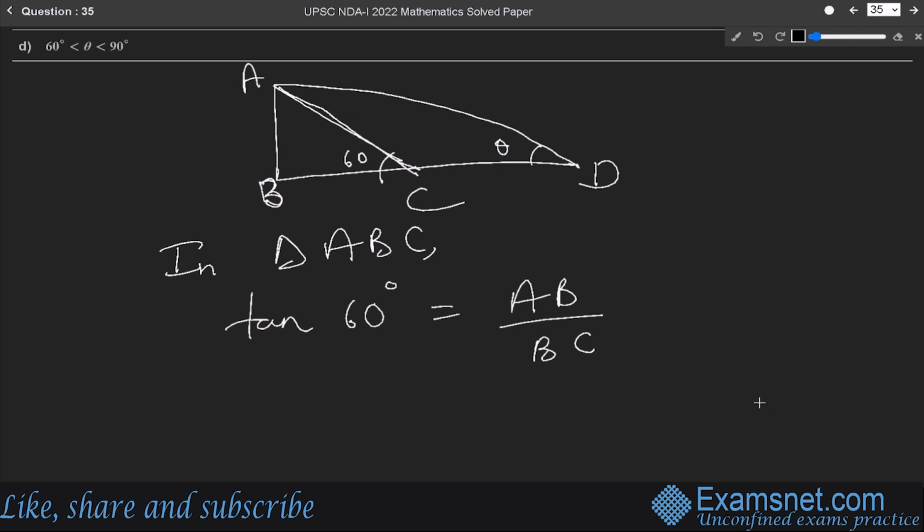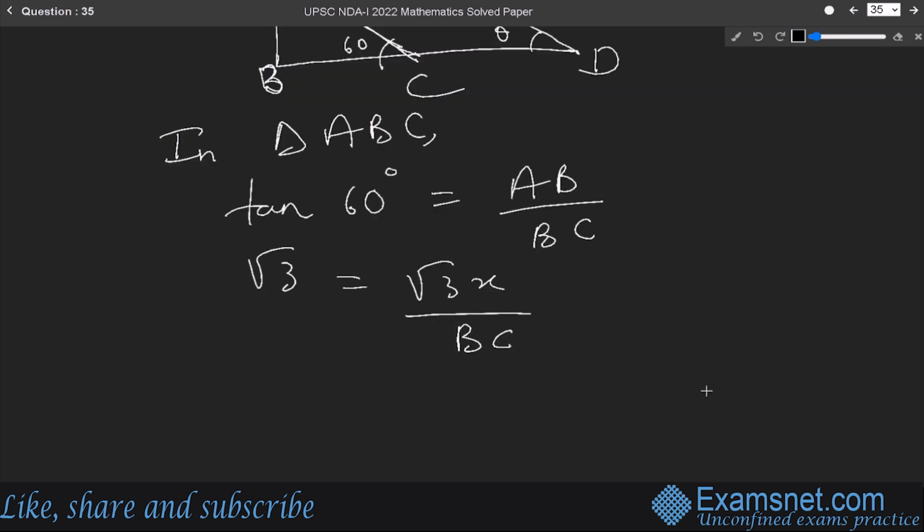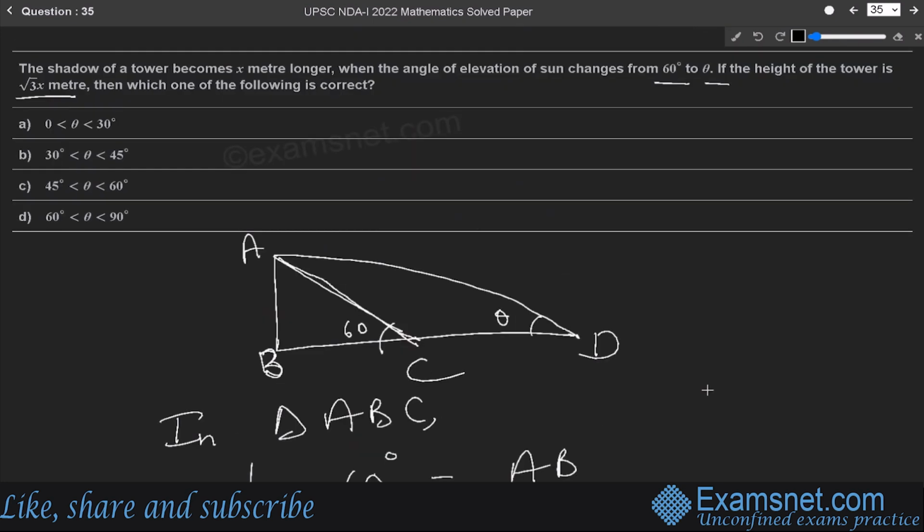Now tan 60 degree is equal to root 3, and the value of AB is root 3x upon BC. It is given in the question that the height of the tower is root 3x meter, means AB is equal to root 3x. Now from here we can get the value of BC, which is x. So we have got the value of BC, which is x.